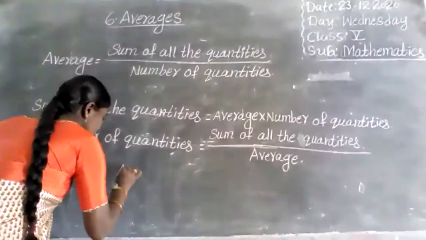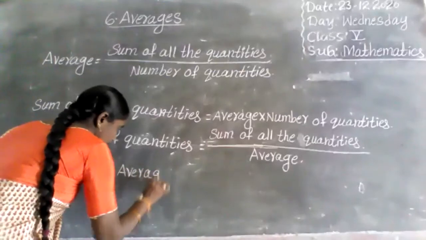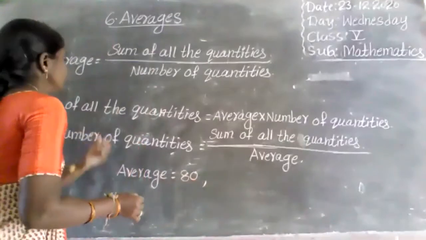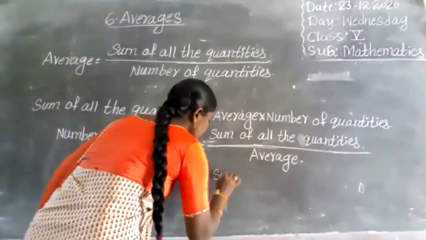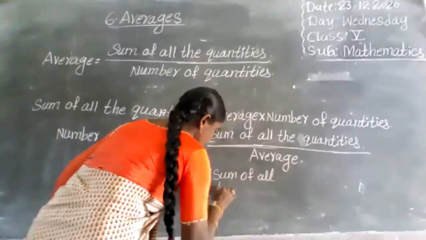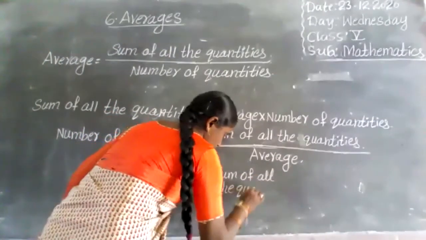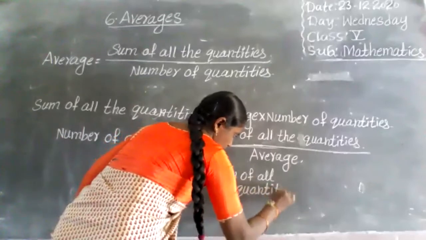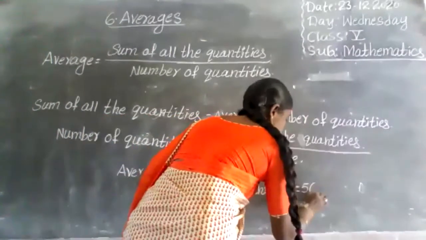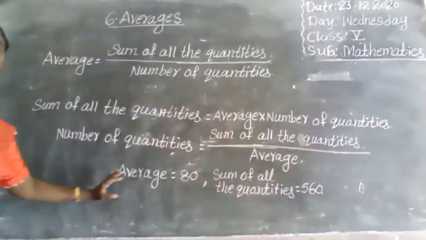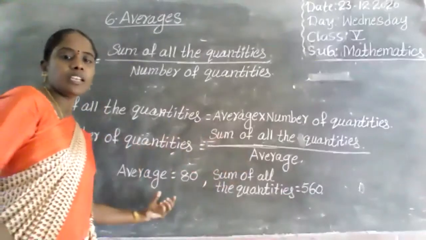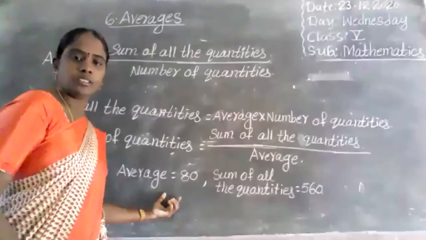Next, sum of all the quantities is 560. Now we have to find out the number of quantities, meaning the number of subjects.